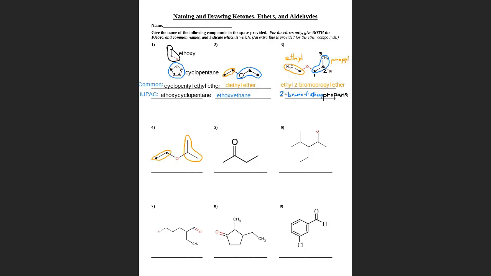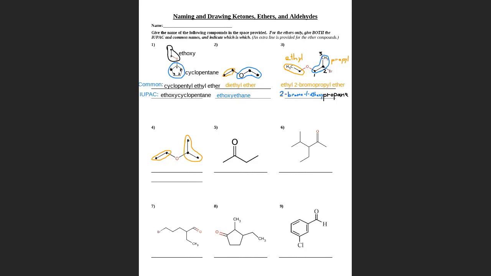The branch on the right is composed of 3 carbons, so that's a propyl. But when a propyl group is attached in the middle like that, we call it something else.